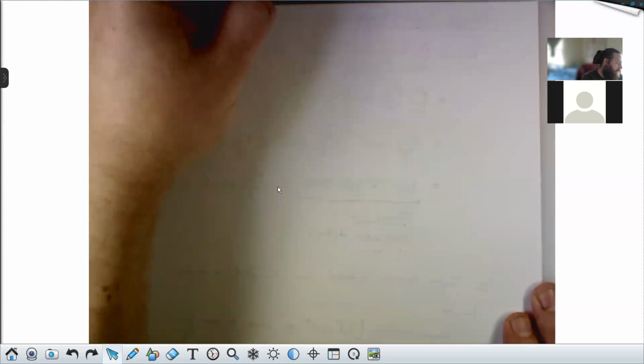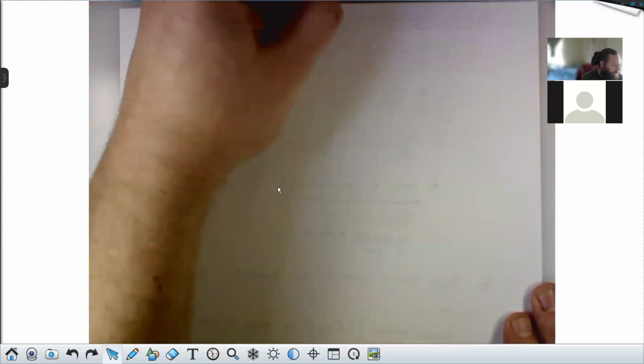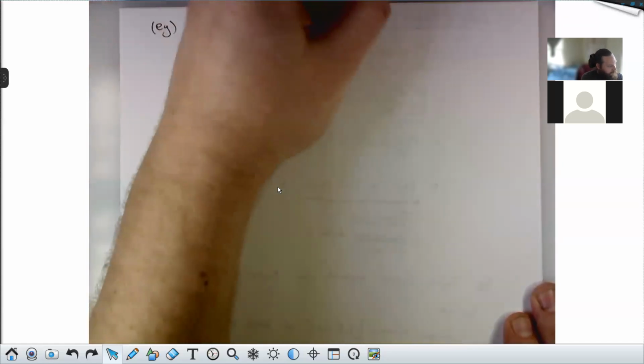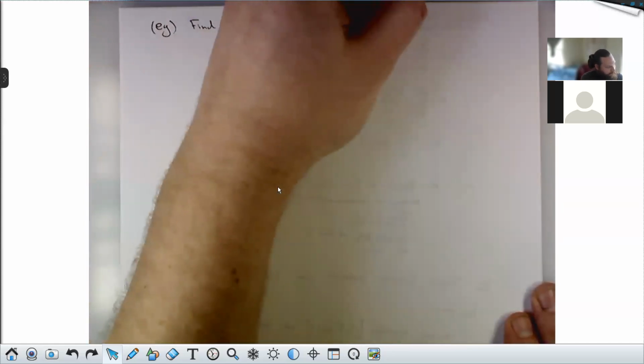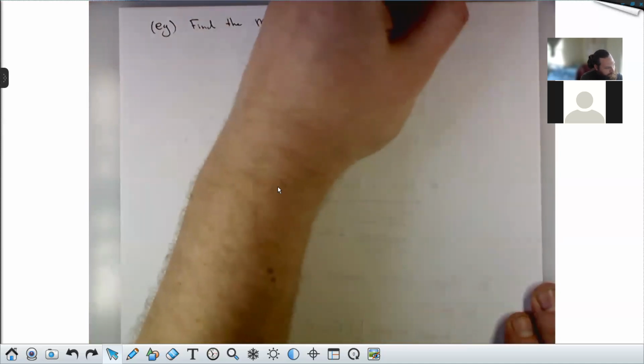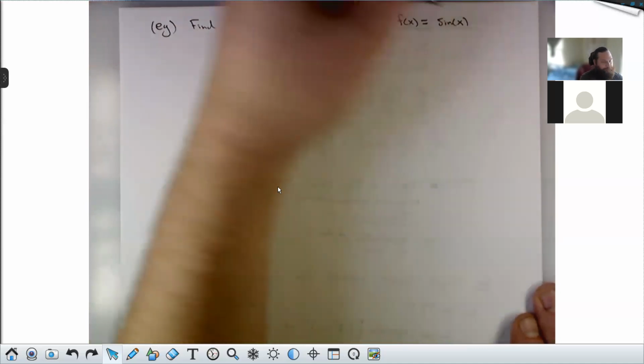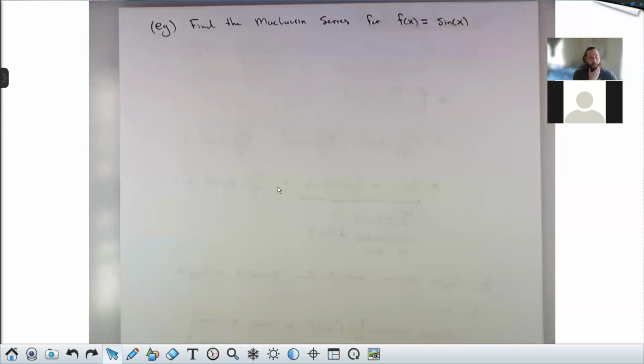So same task, let's find the Maclaurin series for f of x equals sine x. And again, Maclaurin series means centered at 0.